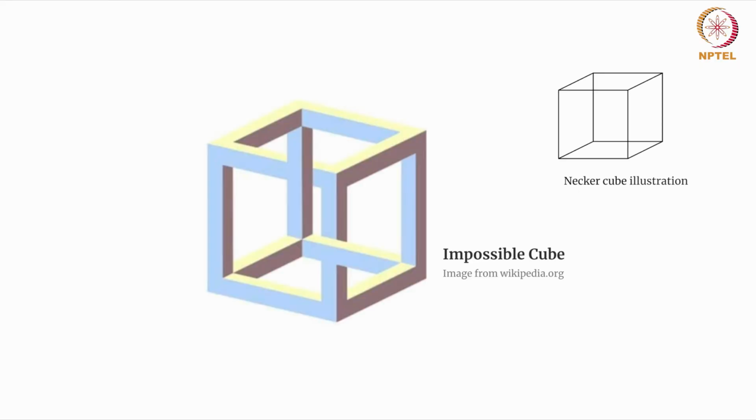For example, the impossible cube or irrational cube is one of the several impossible objects. The impossible cube draws upon the ambiguity present in Necker's cube illustration, which is on towards your right.